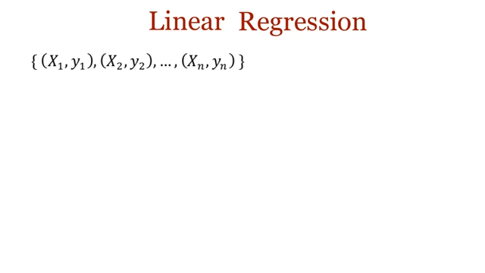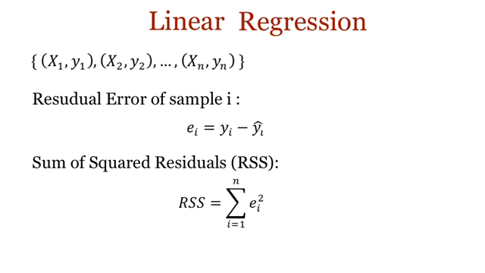Say there are n sample data points where the residual error of the ith sample is ei. Our goal now is to minimize the sum of squared residuals, or RSS. We take the squares because the magnitude of the error matters, regardless of whether our model outputs a higher or lower prediction.